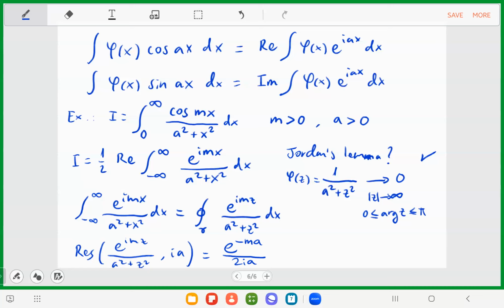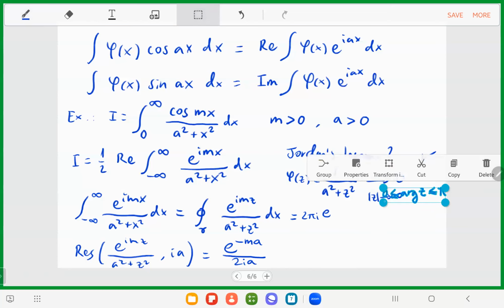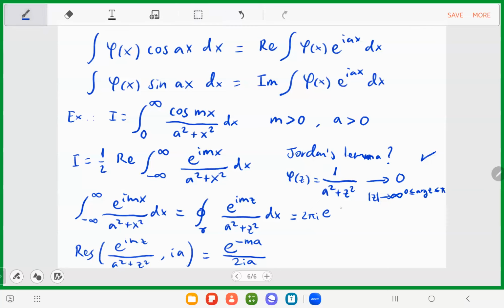This is the residue. So that means this integral is 2 pi i exponential of minus ma divided by 2ia.